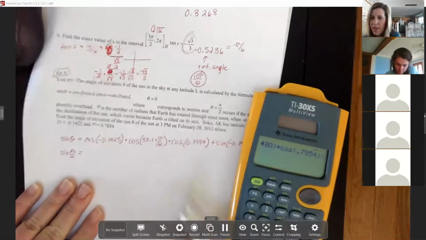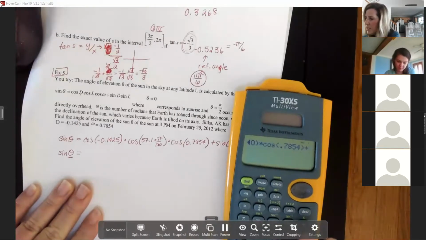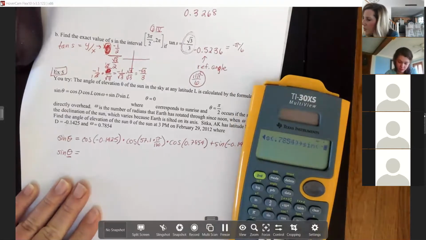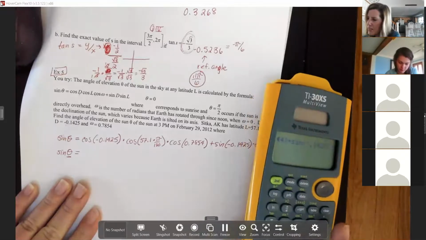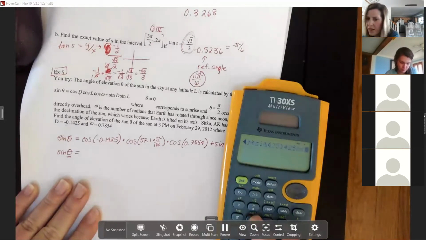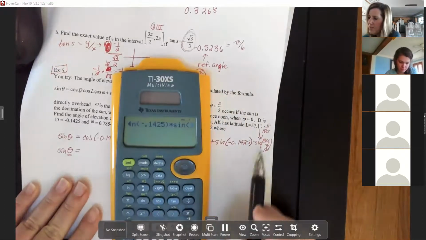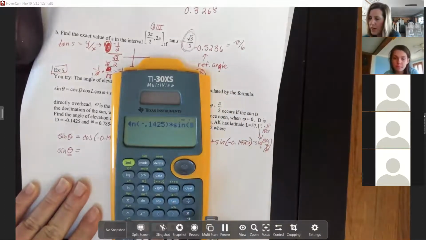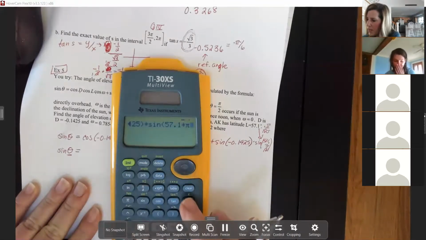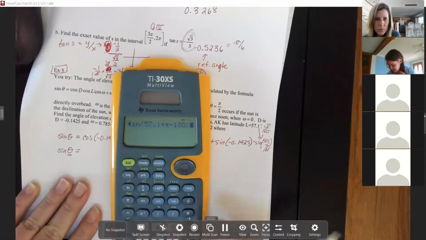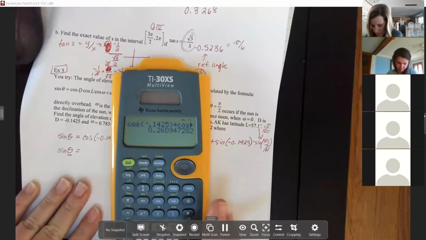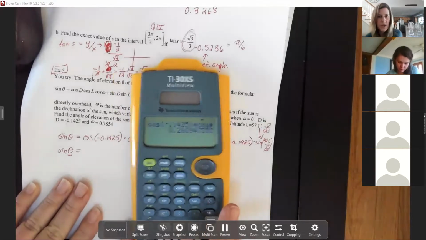Then it says plus the sine of that negative 0.1425 close parentheses times the sine of that 57.1 times pi divided by 180 close parentheses. So I put everything in the calculator. I hit enter, and that's what you get.